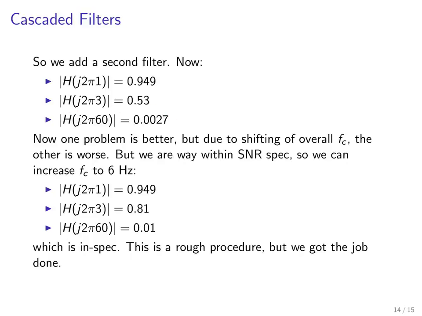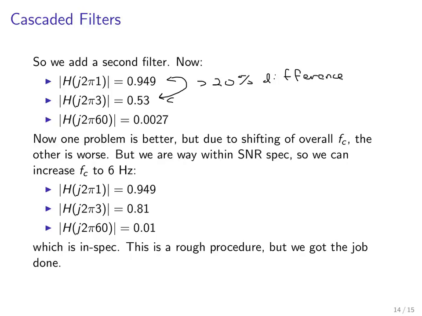But the difference in the passband is definitely greater than 20%, because 0.949 minus 0.53 divided by 0.949 is a lot bigger than 20%. It's more like 40%.